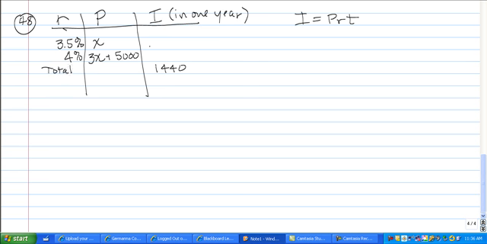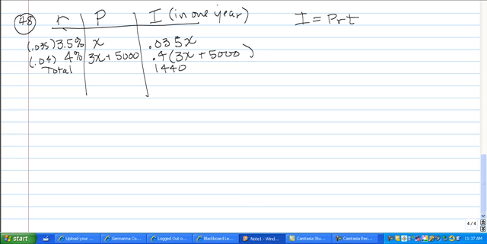Okay, so the interest is going to be, we want to do this as a decimal when we compute, so 0.035, and this one would be 0.04 times our 3x plus 5,000.